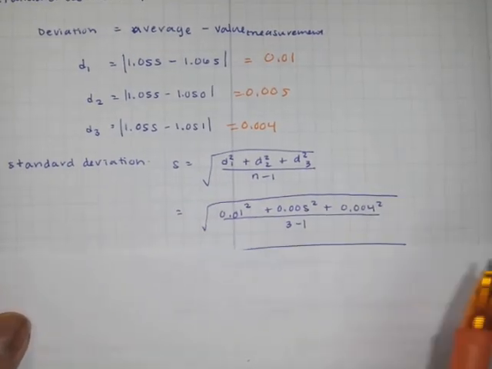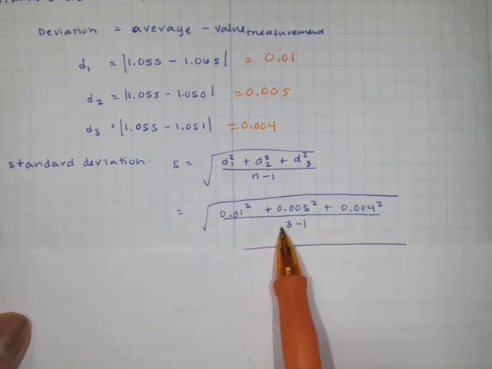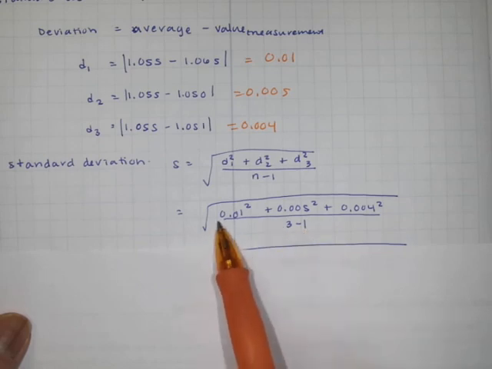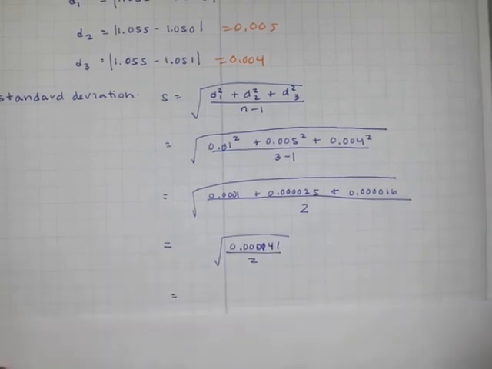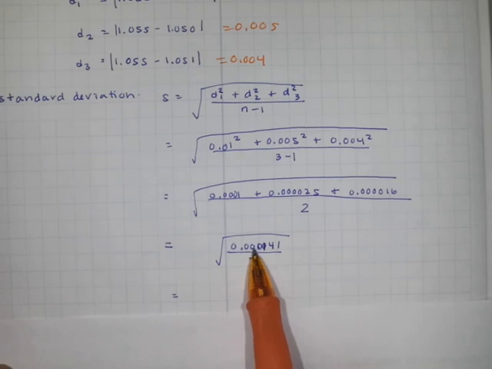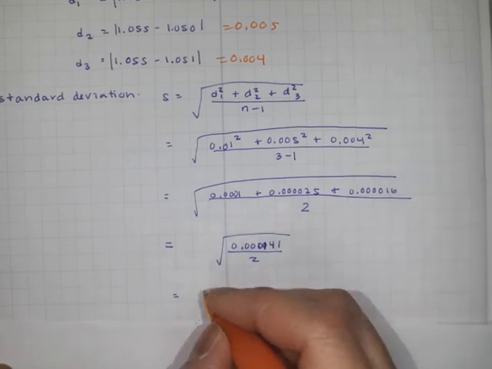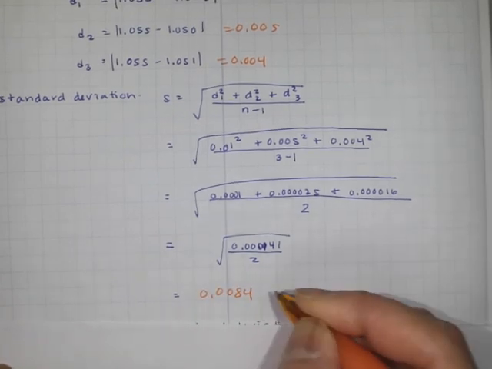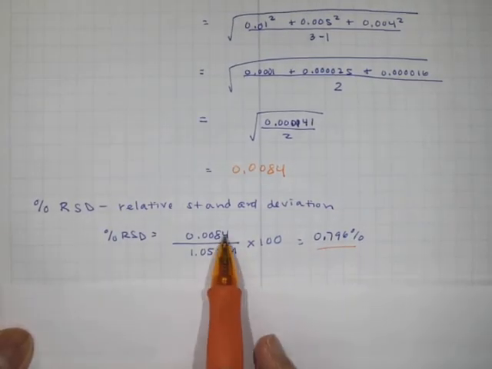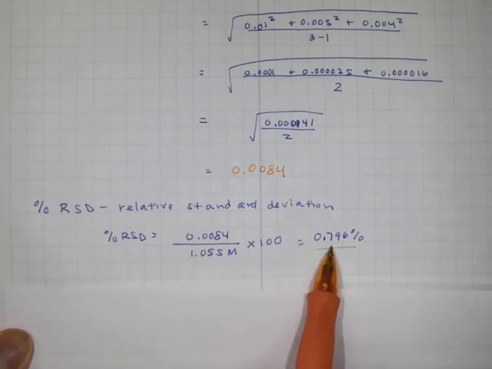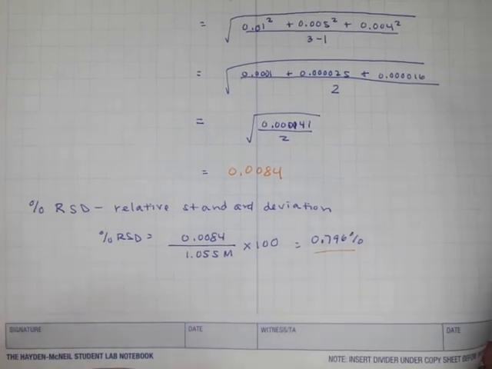So 0.01 squared, 0.005 squared, all of those squared over 3 minus 1, and then you take the square root of that. That comes to 0.000141 over 2, and the square root of that ends up being 0.0084. For the RSD, you take the standard deviation divided by your concentration times 100, and my RSD was 0.796%. I think that's it, oh no, I have more calculations.